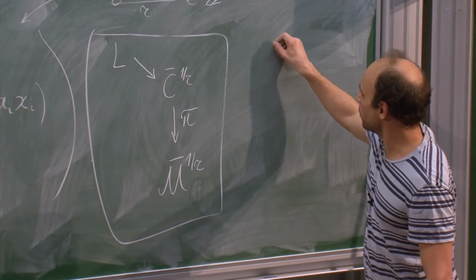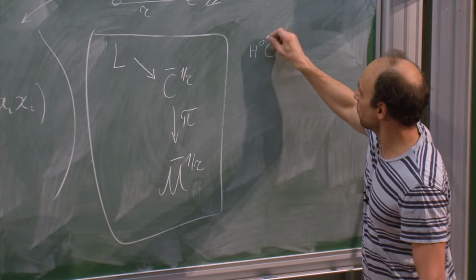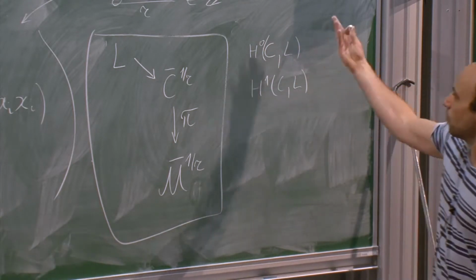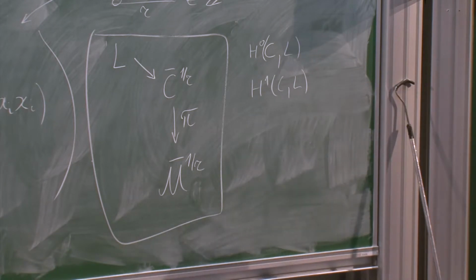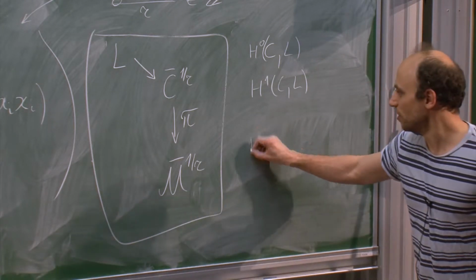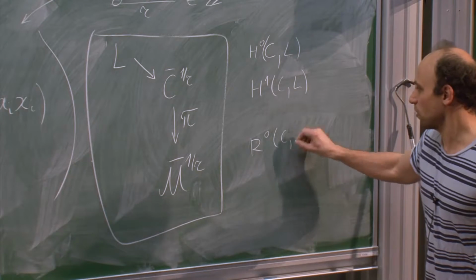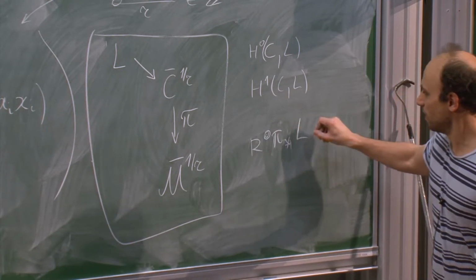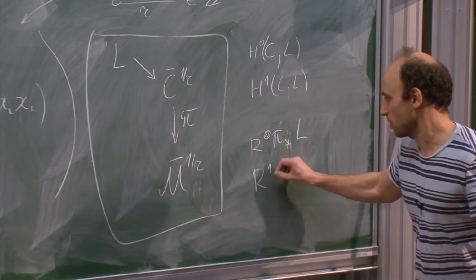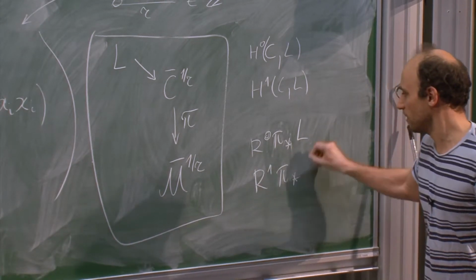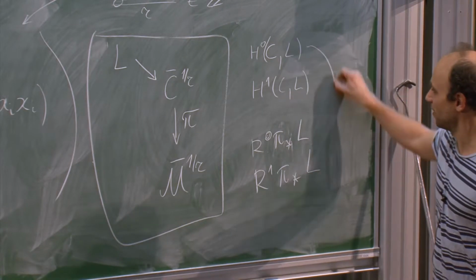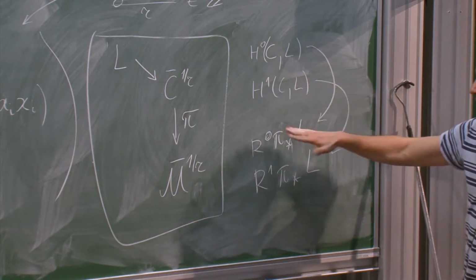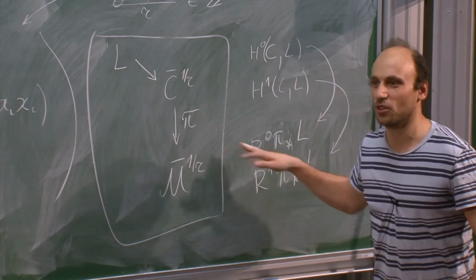So more or less on each curve I can take H0 of L and H1 of L, and the formal difference H0 minus H1 glues into two sheaves that are called R0 pi star of L and R1 pi star of L. This is for one curve, and this is if I do it on the whole moduli space.